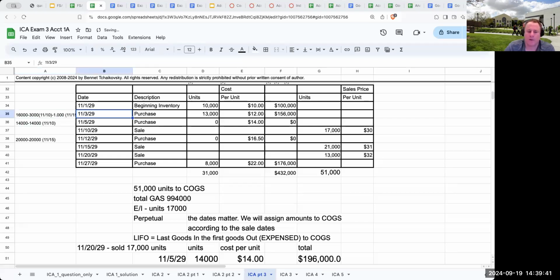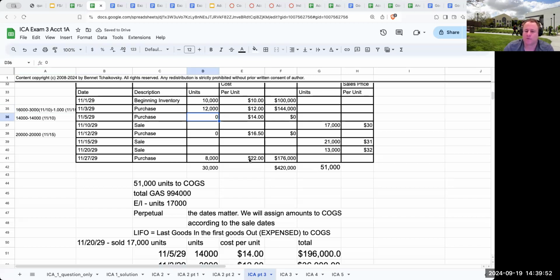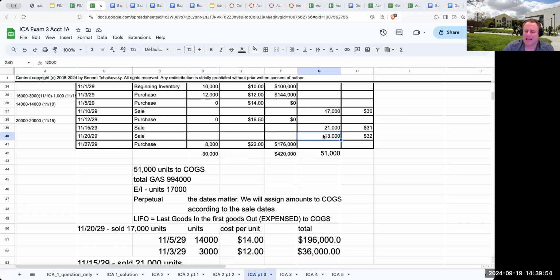So now I have 16 minus the 3 from my prior sale minus 1, so I'm now down to 12,000 units.